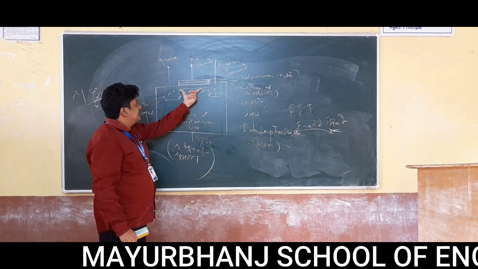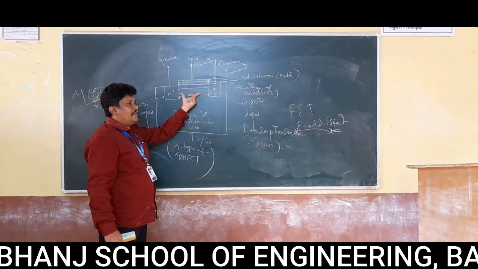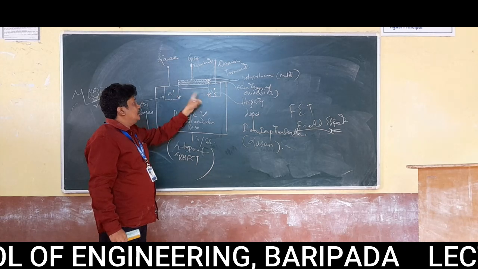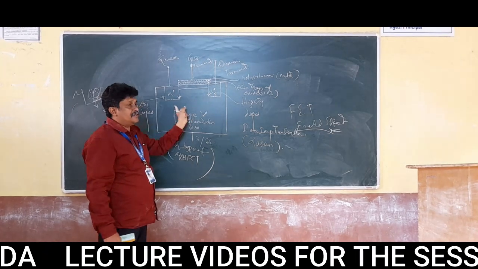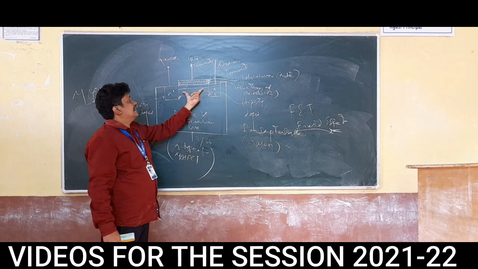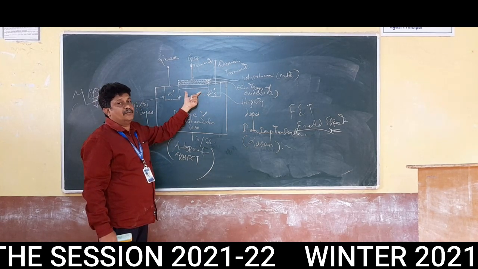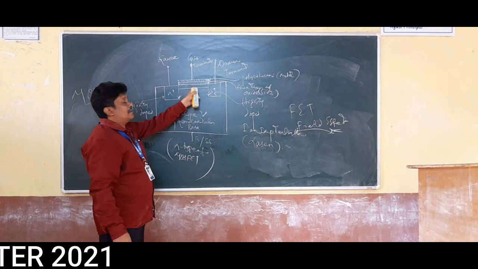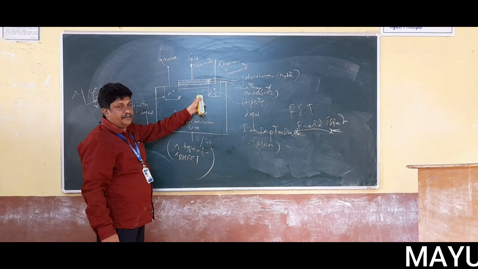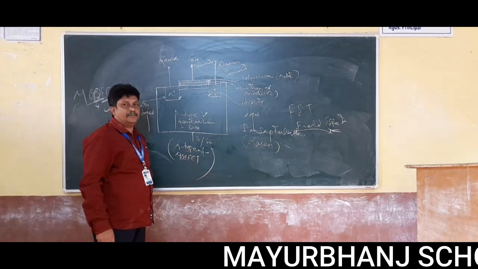Why? Because the channel is formed between two N type semiconductors, so the channel will also have the N property. That is the reason it is known as N type MOSFET.